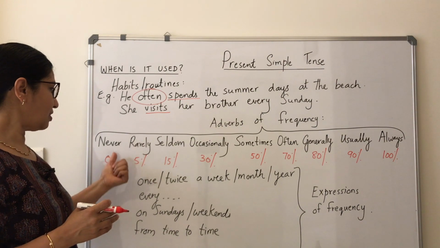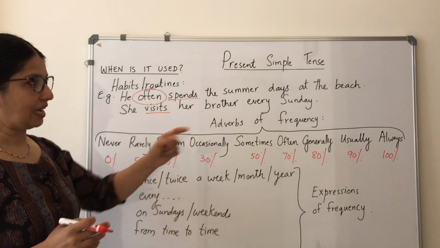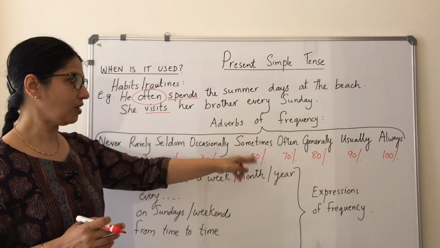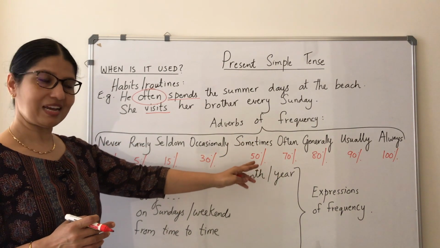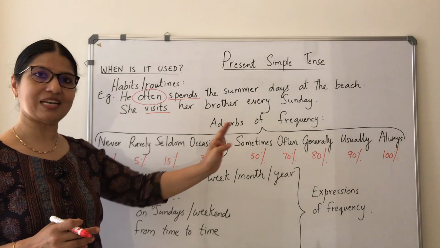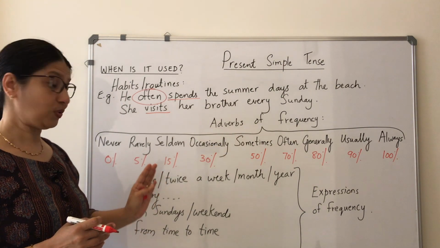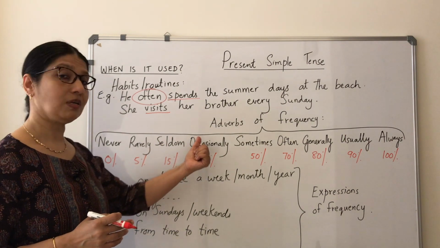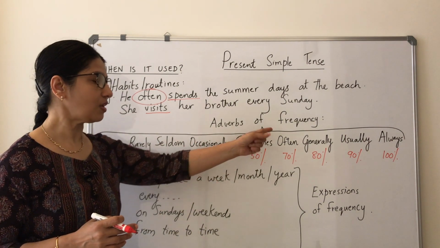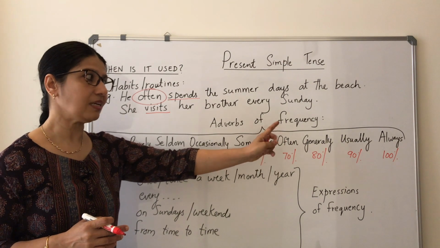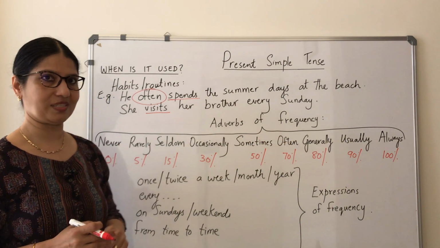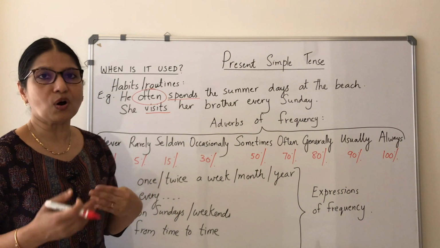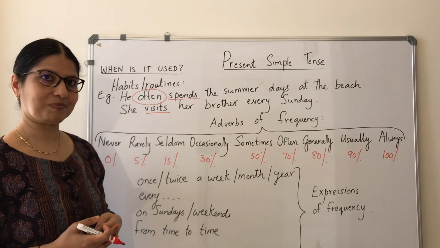Assuming that never is 0% and always means 100%, sometimes will fall in the middle with 50%, and in between you have all of these adverbs of frequency. Here we have never, rarely, seldom, occasionally, sometimes, often, generally, usually, and always. These are the adverbs of frequency and they show how often an action is done.